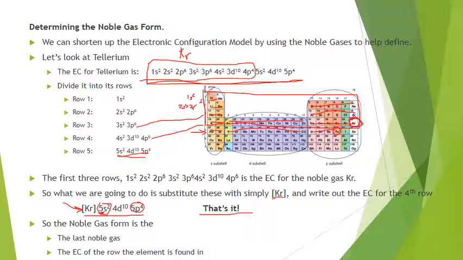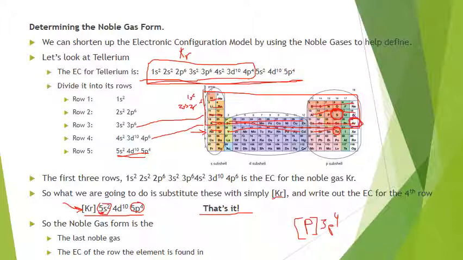Now, one thing you don't do. Let me go over this. Let's say you want to come up with the noble gas form of sulfur. A lot of students would just go, oh, I'm going to just write P, because that's the last element before sulfur, and then write down 3p4.